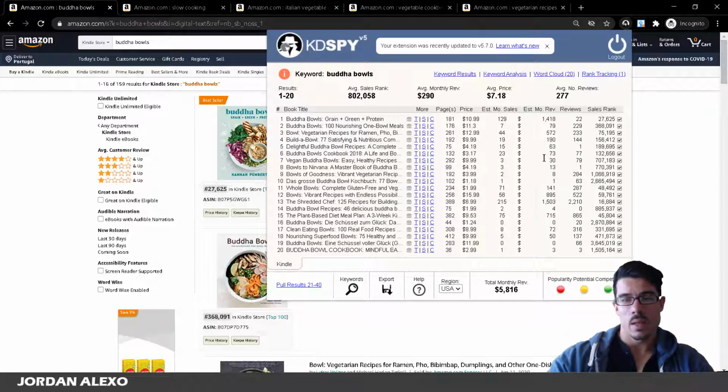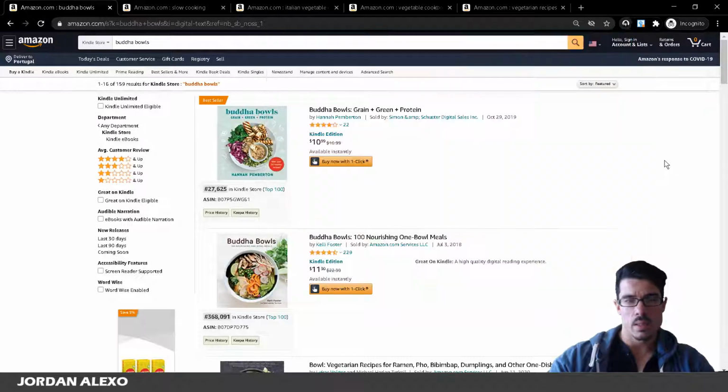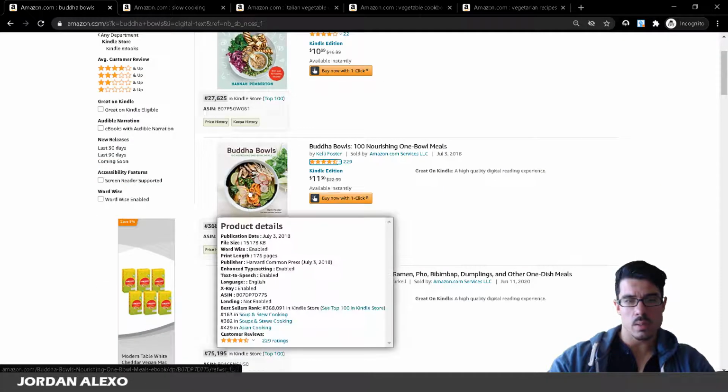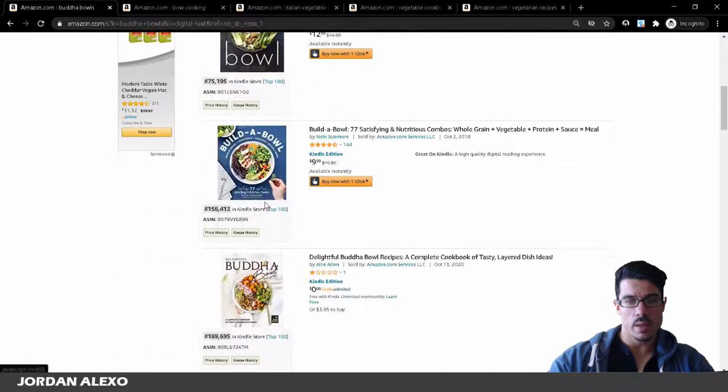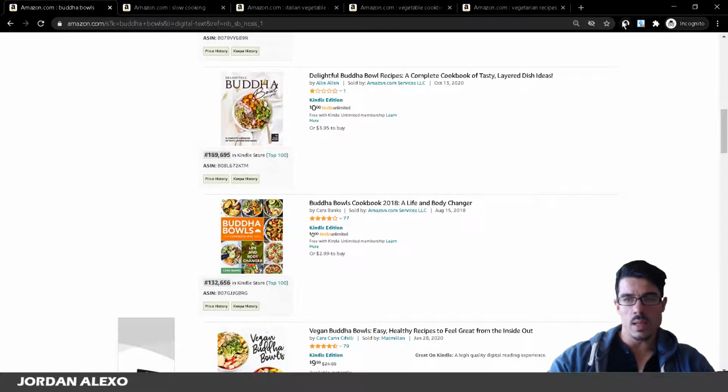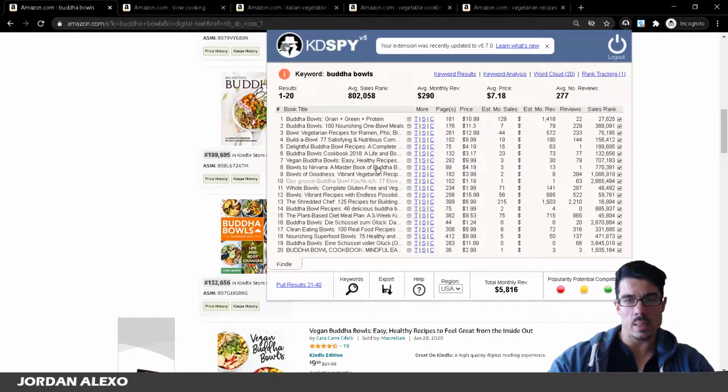As you can see, it's way above what I've just mentioned, and I can easily see that this is not a profitable keyword. Sometimes you want to check if all of these listed books are related to, in this case, Buddha bowls. I'm not sure what Buddha bowls is, I guess it's about bowls with food and so on. But you want to see if all of these books are related, and this is important because of the average sales rank.